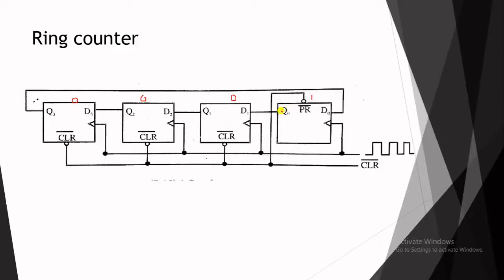So here this becomes 0, then 1, then 0 and then 0. Then the next clock pulse is applied and at the positive edge of the clock pulse it changes its output.